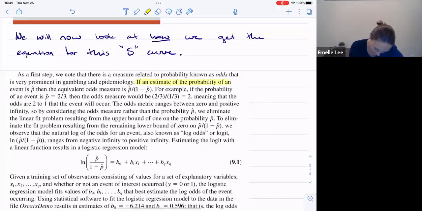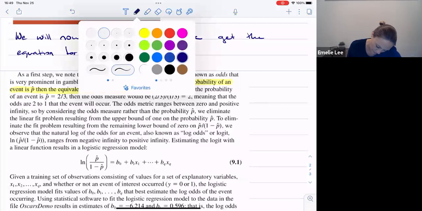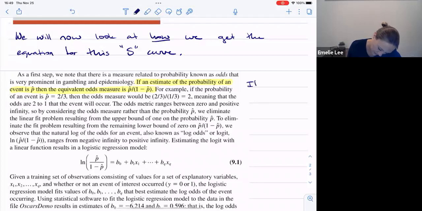So if p hat is the probability of an event, then the odds of that event are p hat over 1 minus p hat.